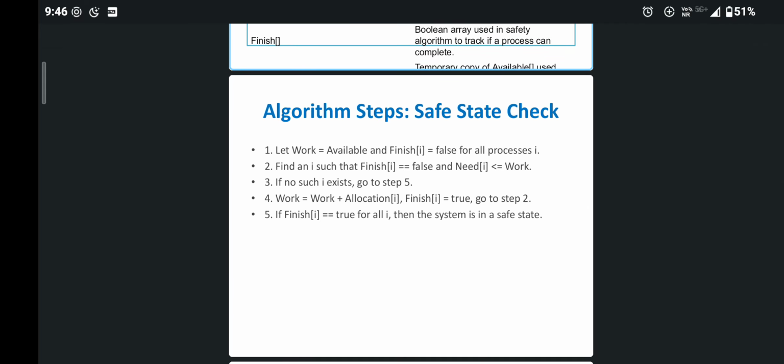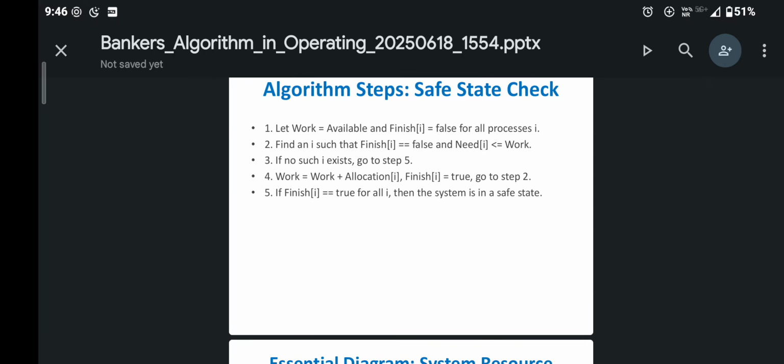Let's see the algorithm steps. Let work equal available and finish[i] equal false for all processes i. Find an i such that finish[i] equals false and need[i] is smaller than or equal to work.